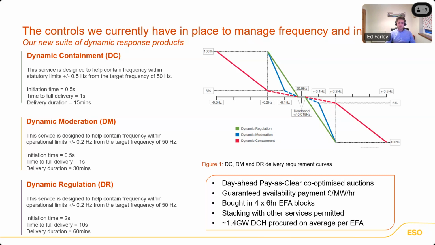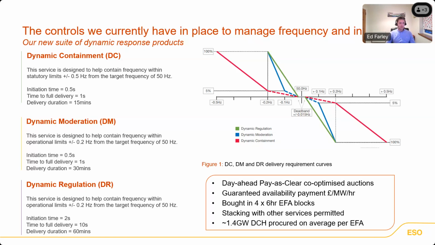The first product I wanted to briefly mention is dynamic containment. So this is our main post-fault dynamic frequency response product, and this is designed to help contain frequency within those statutory limits that I mentioned, following a disturbance on the grid. And we procure all of these services through both high frequency response and low frequency response products.